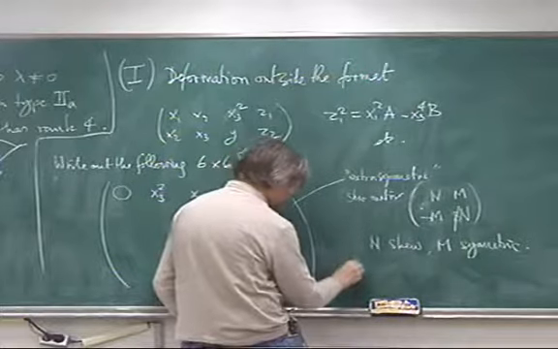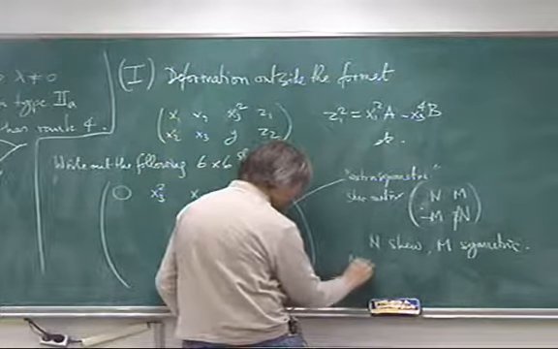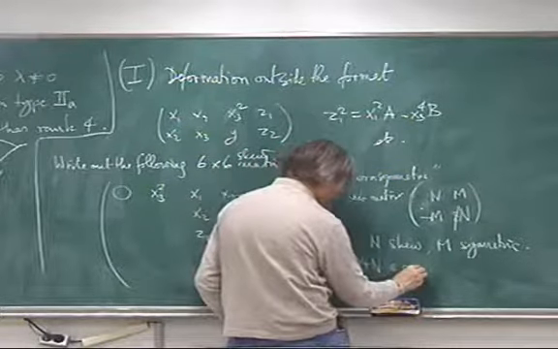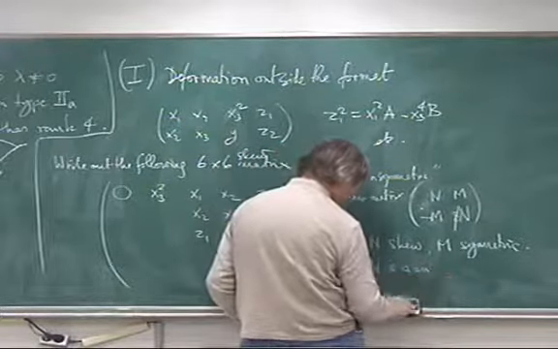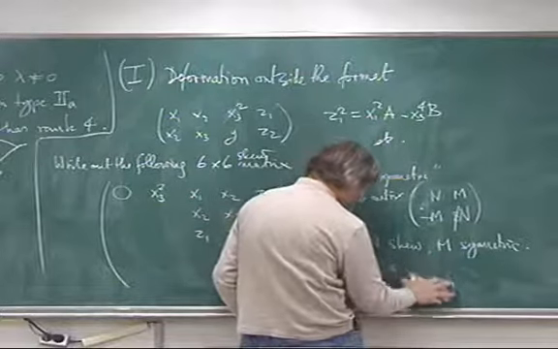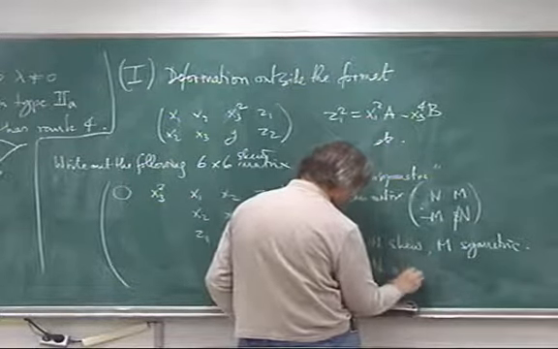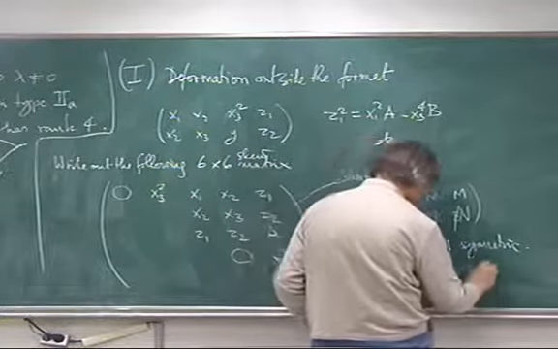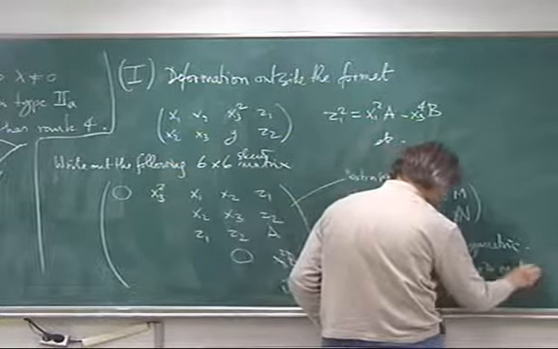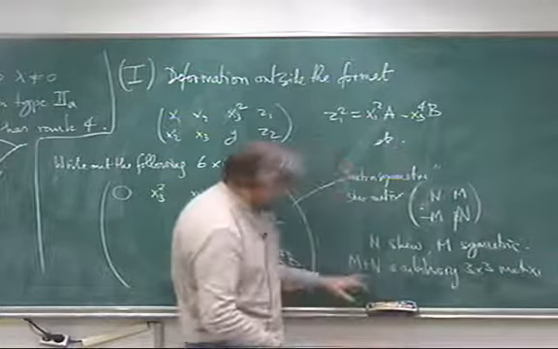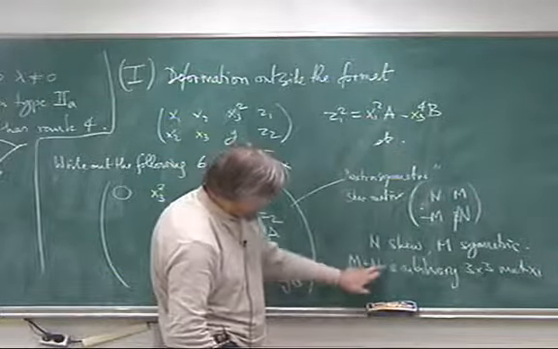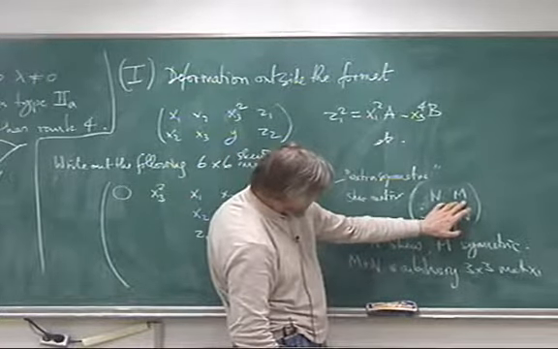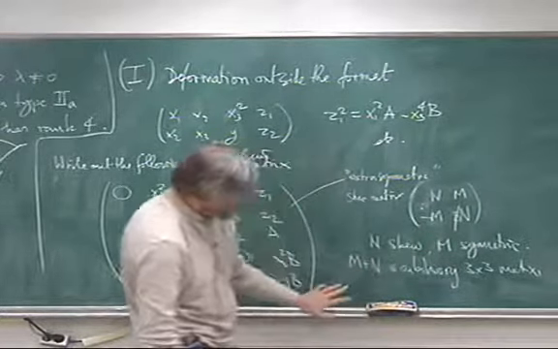If B is not there, then M plus N is an arbitrary 3 by 3 matrix. I've taken an arbitrary 3 by 3 matrix and written it as a sum of a symmetric piece and a skew symmetric piece.